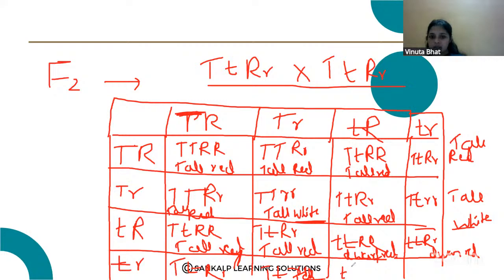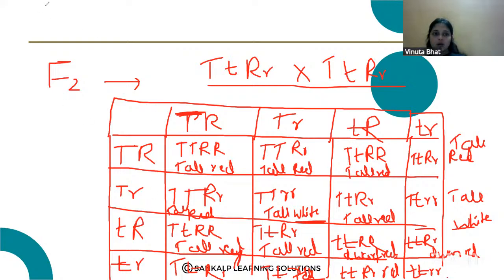Then small t, small t, capital R, small r. This is dwarf but red color flowering plants. Last one, small t, small t, small r, small r. This is the dwarf and white color flowering plants.